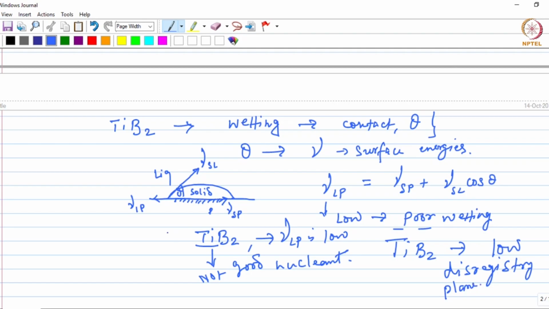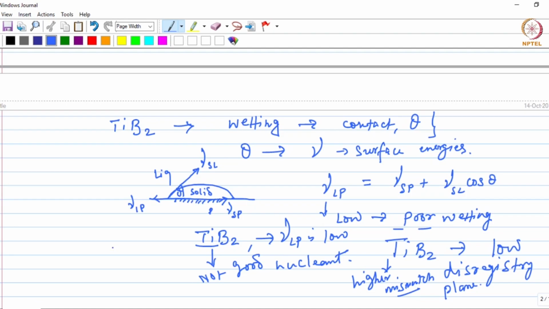So here the TiB2 planes will have a higher mismatch with aluminium. Okay.